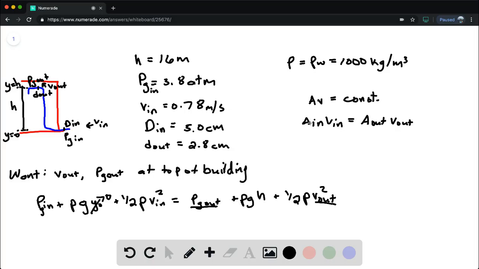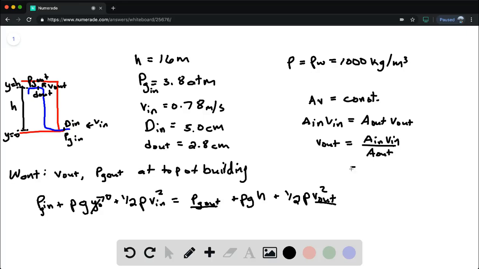So we expect that the output velocity is speeding up as it's squeezed into a smaller pipe. I think it should speed up, but we can just calculate this out. We can solve for the output velocity, which is something we want to know. Then we can plug this into Bernoulli's equation and have one equation with one unknown, which you can solve algebraically.